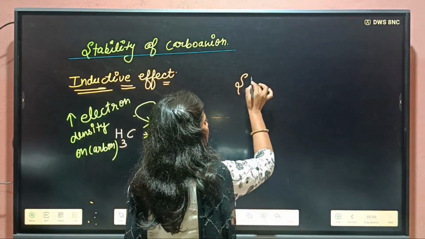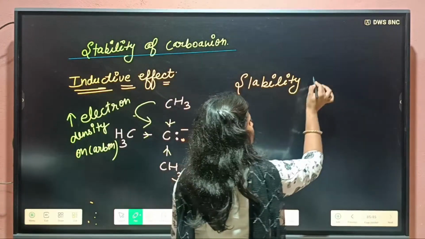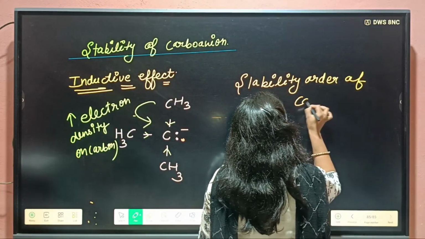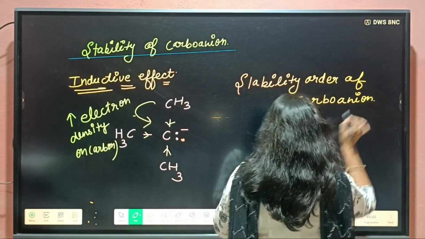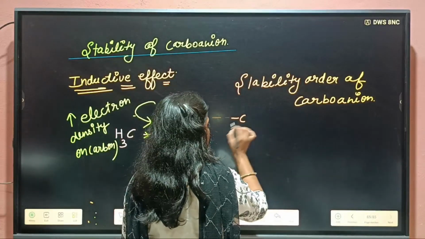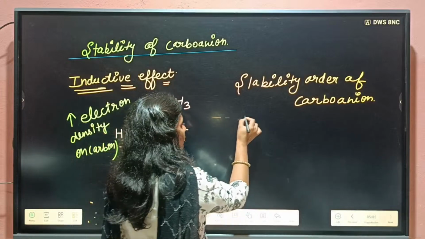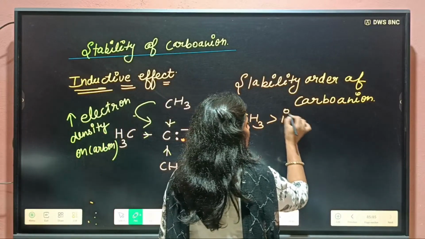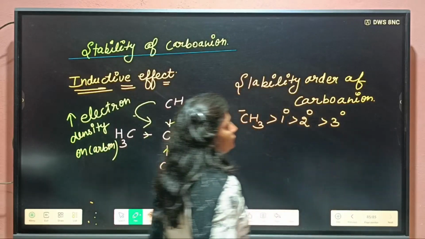So the stability order of carbanion will be methyl carbanion, 1 degree, 2 degree, 3 degree.